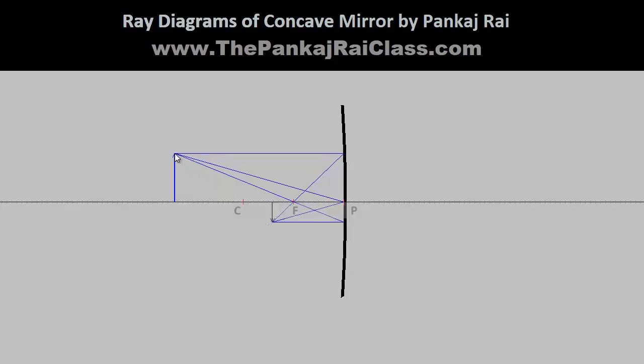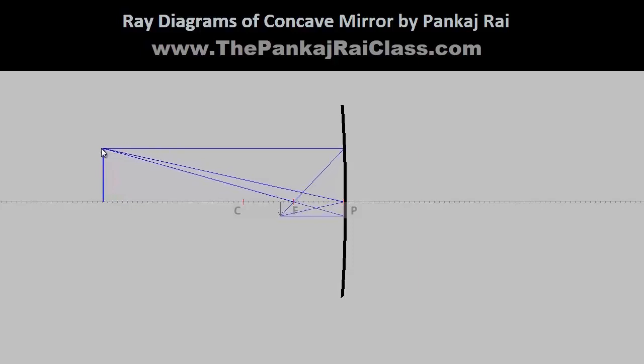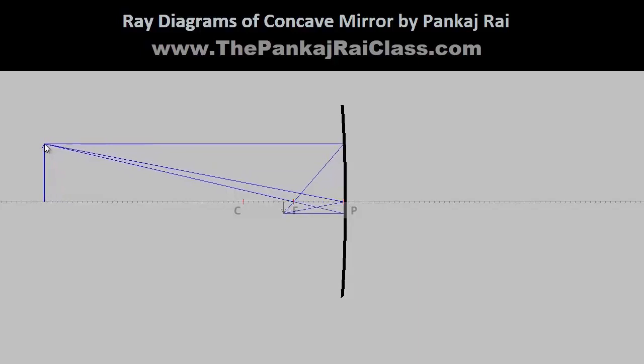Now if I keep moving the object towards the infinity, the image will keep on coming closer and closer to the focus. Here practically I cannot move the object completely towards the infinity, but you can assume that when the object will reach the infinity, the image, as you can see, is approaching towards focus. So when the object will be at infinity, then image will be at focus.